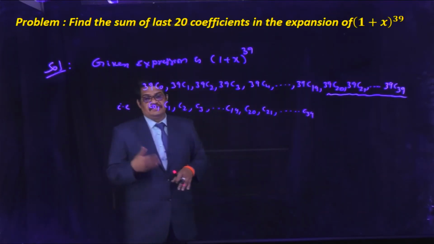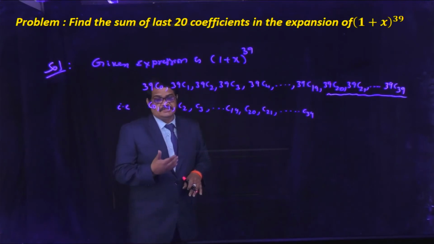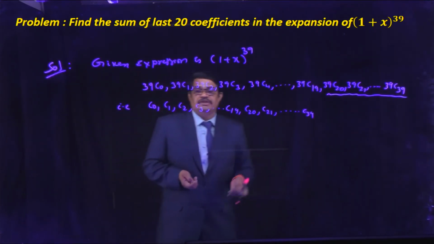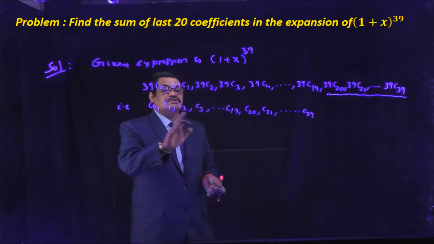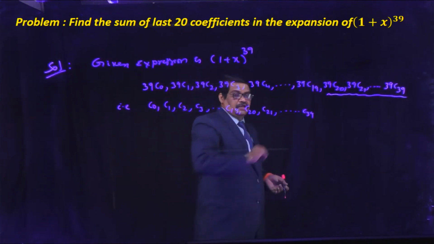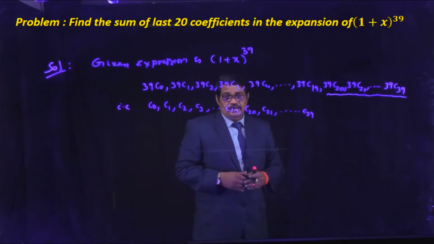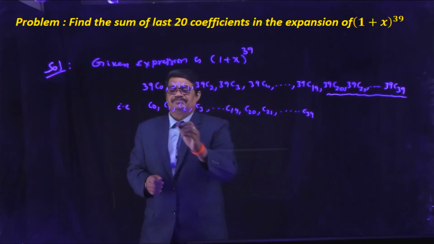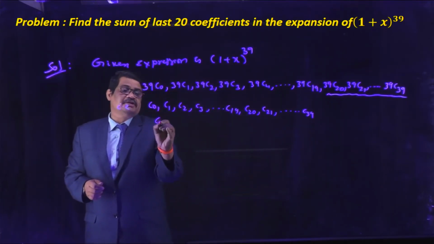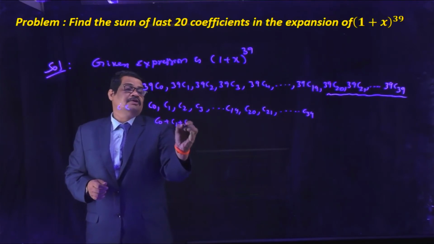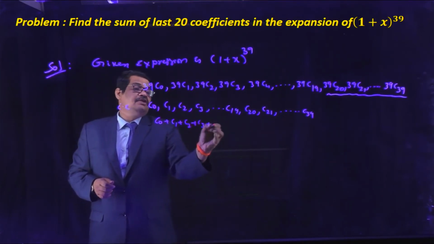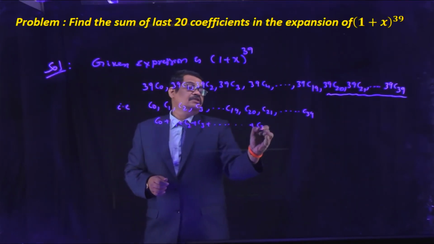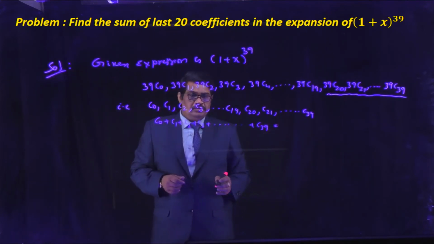So nC0 is represented by C0, nC1 is C1, and so on. We know the result: C0 plus C1 plus C2 plus C3 and so on up to C39.